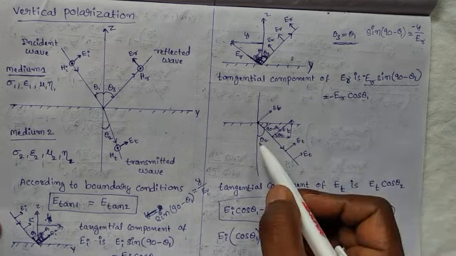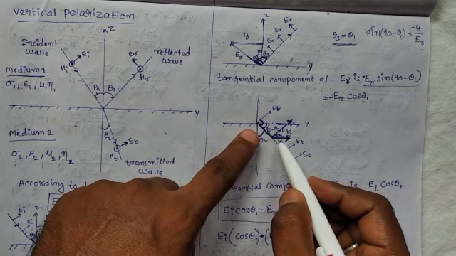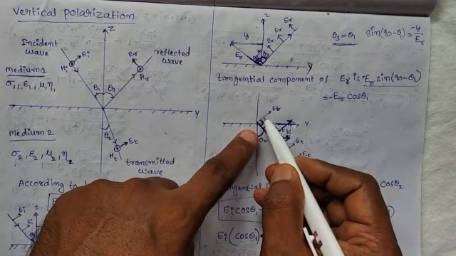With respect to this E_T, this angle is 90 minus theta 2. Taking 90 minus of 90 minus theta 2, this angle is theta 2. With the y axis, E_T makes an angle theta 2.